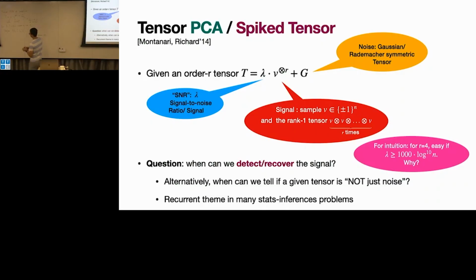If lambda is at least this, given an order R tensor T, I can easily tell whether it has this rank 1 component or it's just purely Gaussian noise from N(0,1). Gaussian means standard Gaussian. Variance as well, N(0,1), yes.